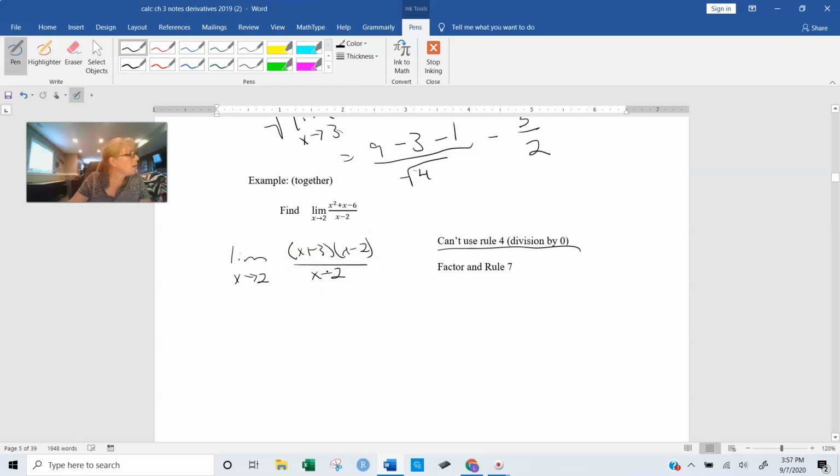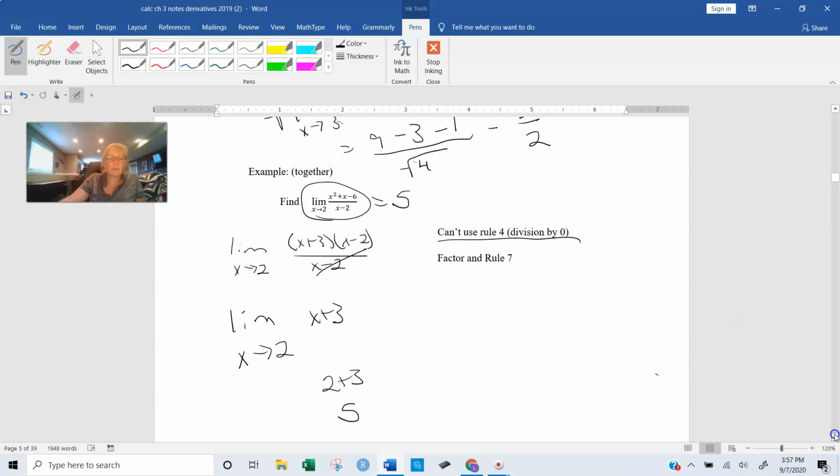Well, now I know these two are going to cancel, so I'm really finding the limit as x approaches 2 of x plus 3. I know it's undefined at 2, so it will never equal this, but the limit will equal this. Now we plug in our 2, and we get 2 plus 3, which is 5. So the limit of this function is 5.